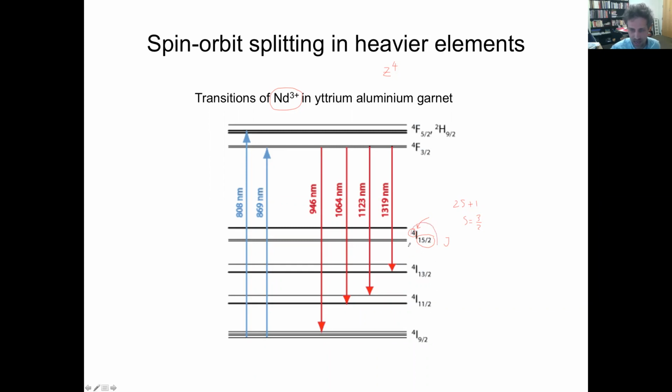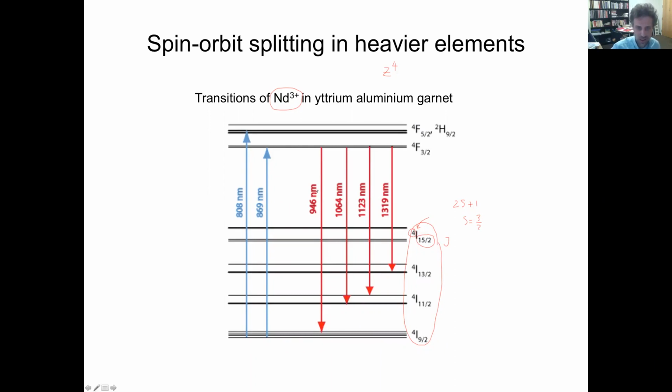So all of these are I states, so they all have the same orbital angular momentum and the same multiplicity, so the same number of electrons are defining these states, but they have different J values, different spin-orbit coupled energies, okay? And that's given over here. See, all these split states have different values. These values are significant. The energy differences here are quite large, okay?